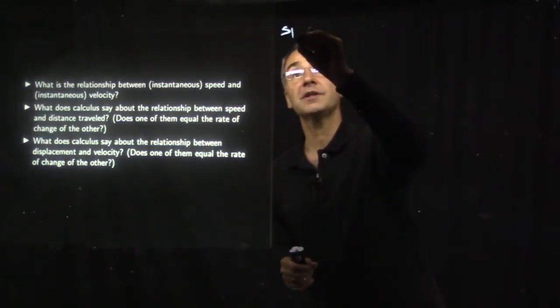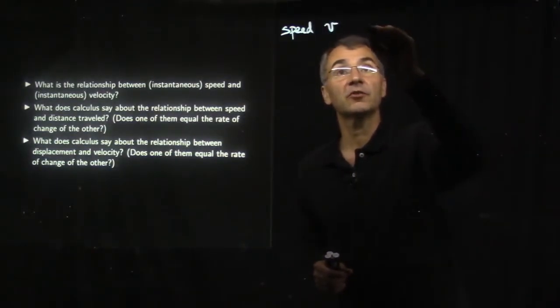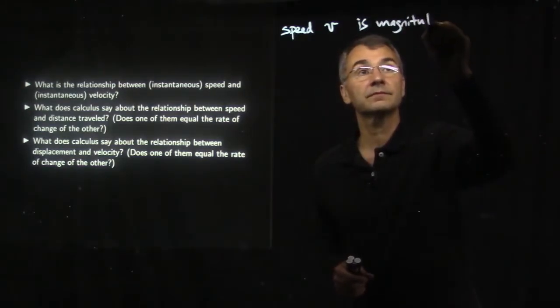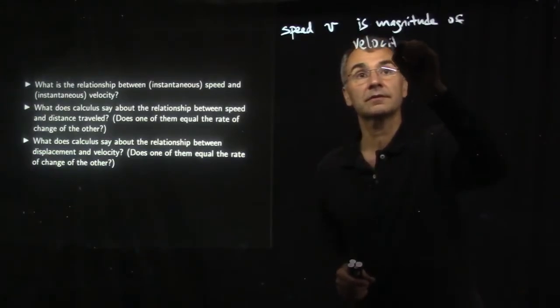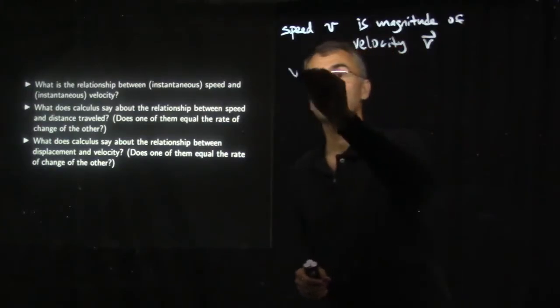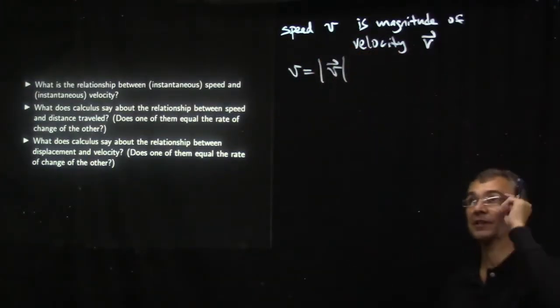So, speed, v, is the magnitude of velocity, v. Okay, so v is the magnitude of the vector v.